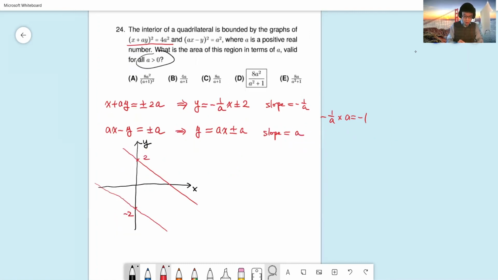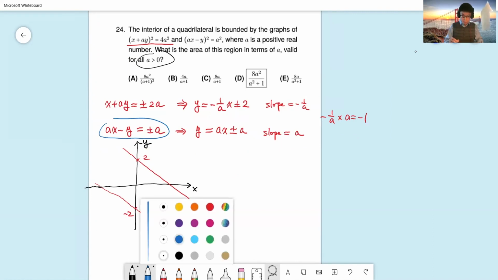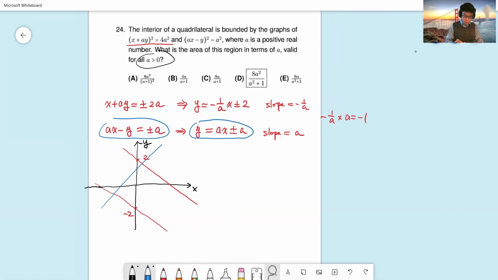And the second, we consider the other, the second two lines. So slope is positive, which is plus a or minus a. So they are perpendicular. Suppose this is a. This is a. This is negative a.